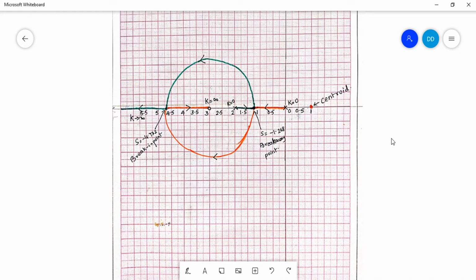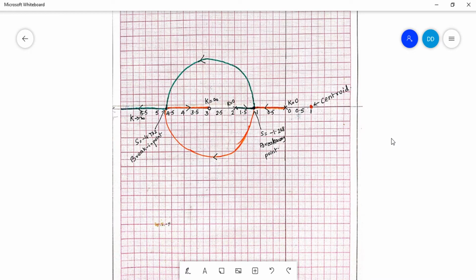So we have to have the real axis as well as the imaginary axis. So x-axis is real, y-axis is imaginary. Since we don't have a root locus branch which intersects the imaginary axis, I have not mentioned the imaginary axis over here. So we have a positive real part, negative real part. Our centroid is at minus 1, that is on the negative real axis.